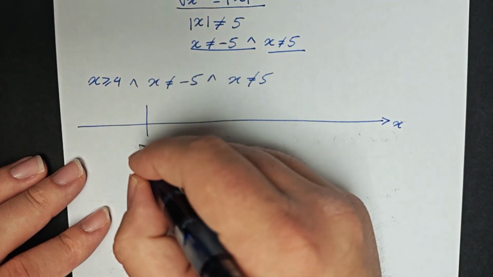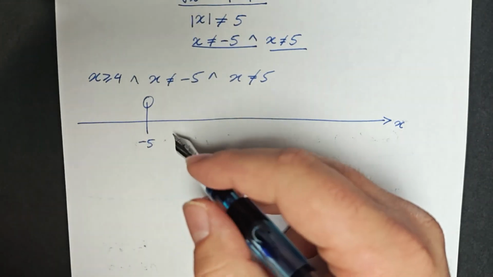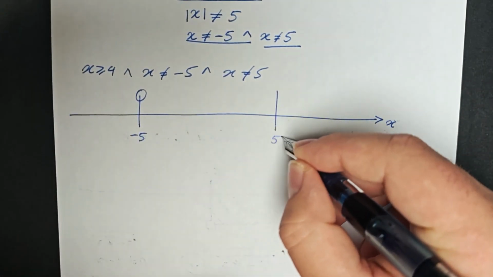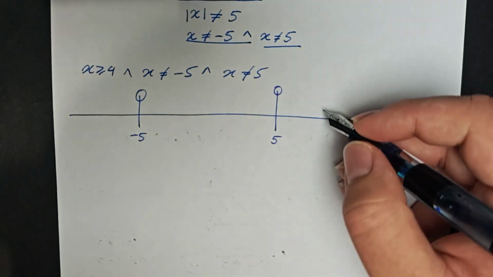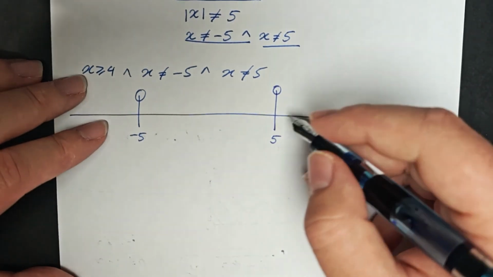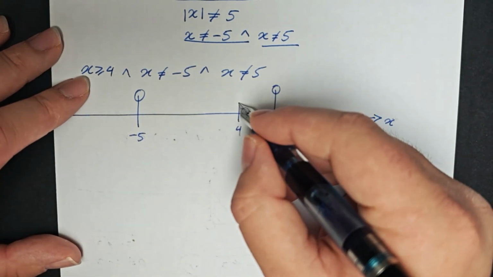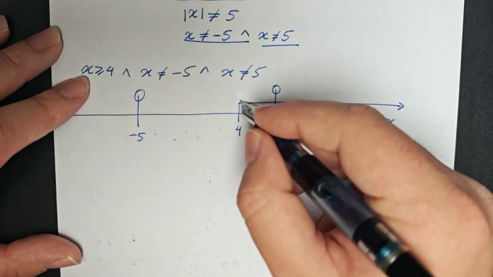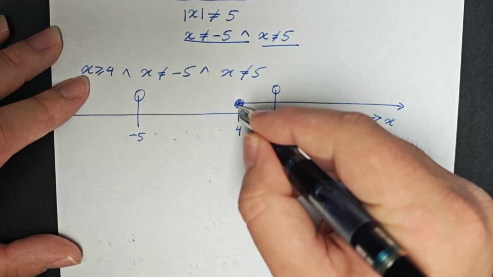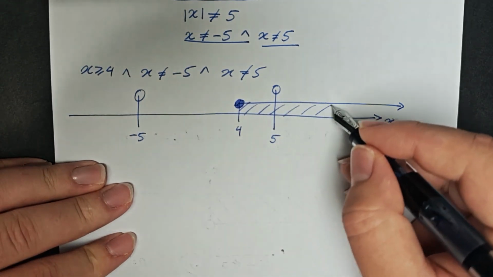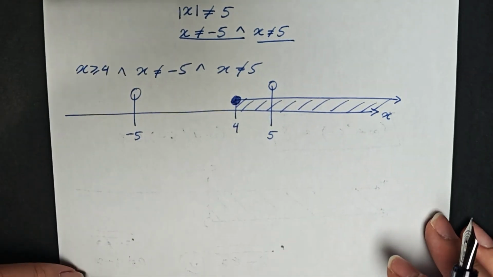We have number negative 5, which is not included in our domain, and we have number 5 here, which is also not included in the domain. We have number 4 here, and we are taking everything that is larger or equal to number 4. Number 4 is inside of our domain, and we are taking everything on the right side of it.